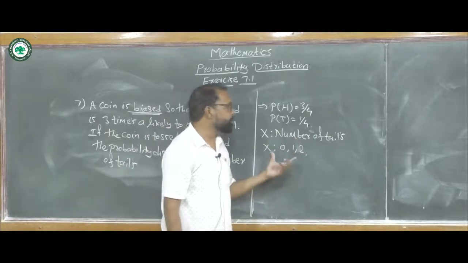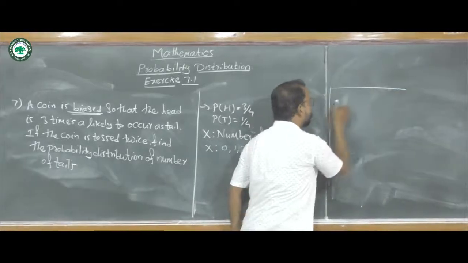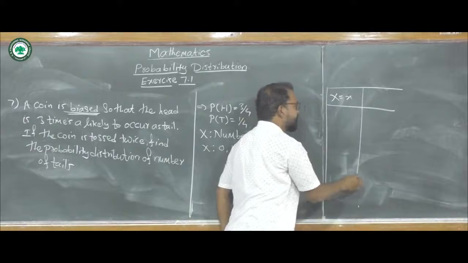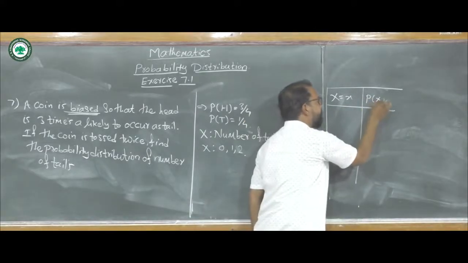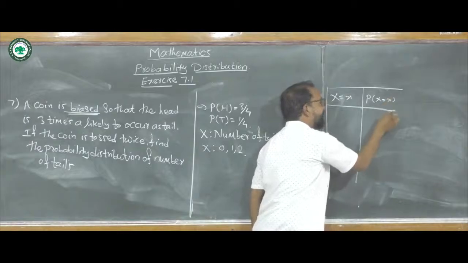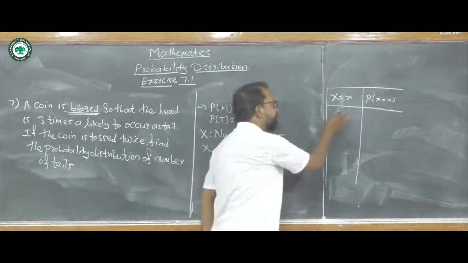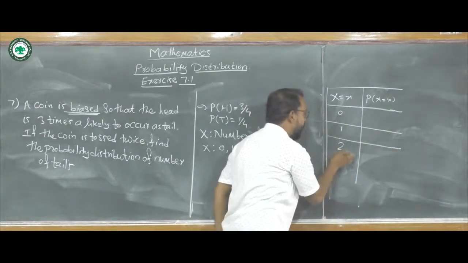Now to write this probability distribution, let's make a table which shows the value x that the random variable X takes and its corresponding probability, that is, the probability when X takes the value small x. The values of X are 0, 1 and 2.